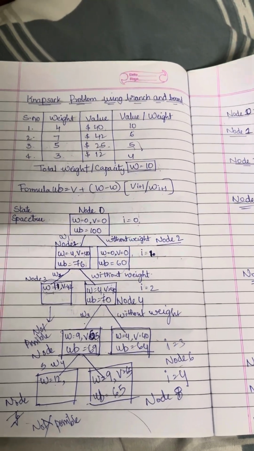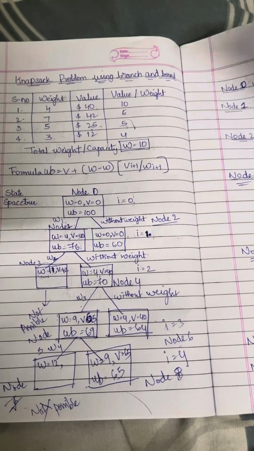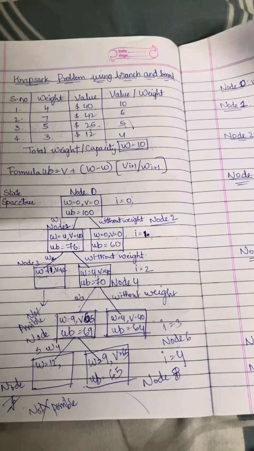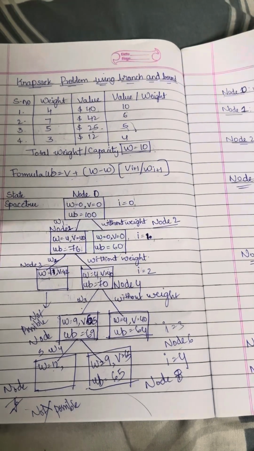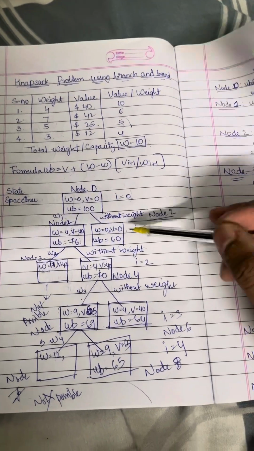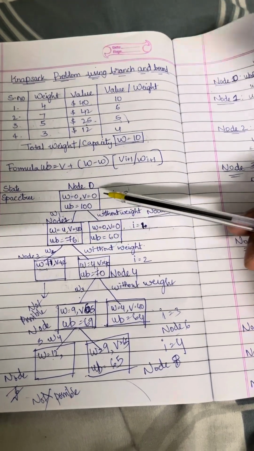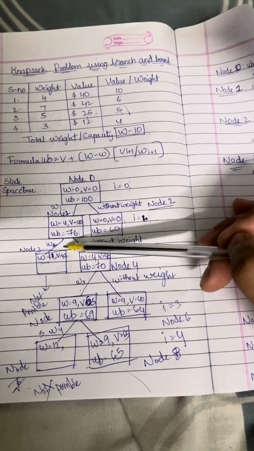Now if you check, what are the nodes which are undergoing through weights? See, if you take node 0, it goes.